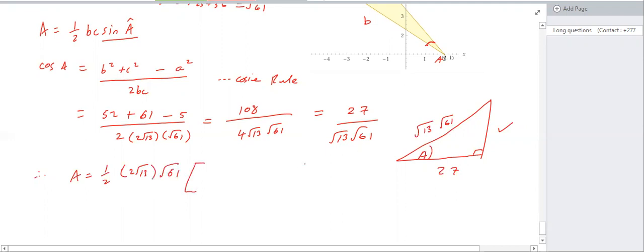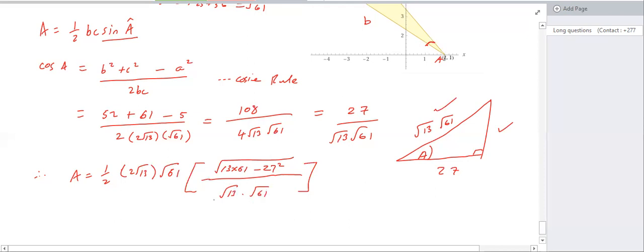And then sine of A is equal to opposite, which is the square root of 13 times 61 minus 27 squared, over the hypotenuse, which is the square root of 13 times the square root of 61.